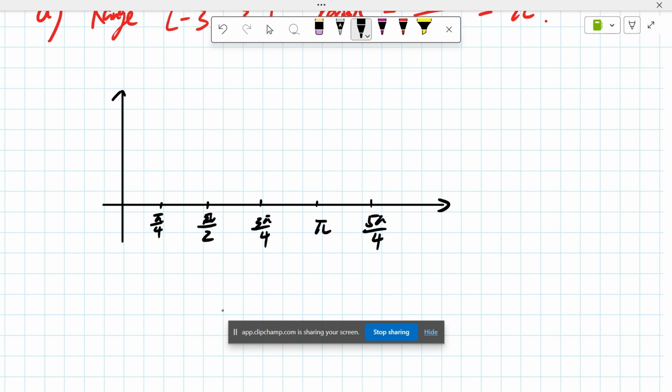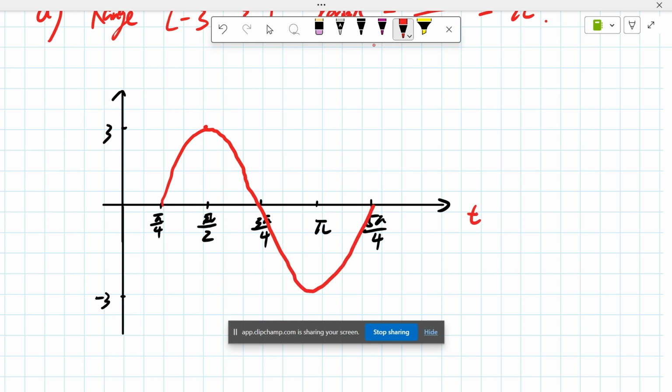Sorry about that, we're going to keep going. So that will be 3 and -3. You start from pi on 4 and go to pi on 2, so you get the highest point, the maximum, and then come back and get the minimum. That is basically how to do it by hand.